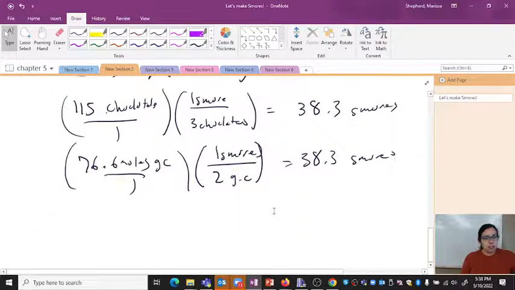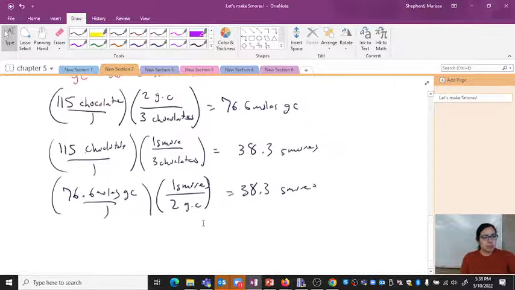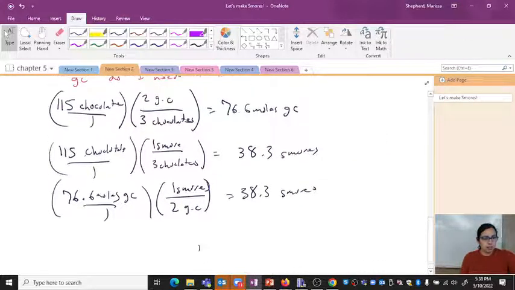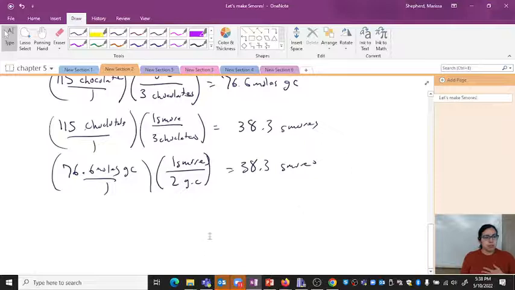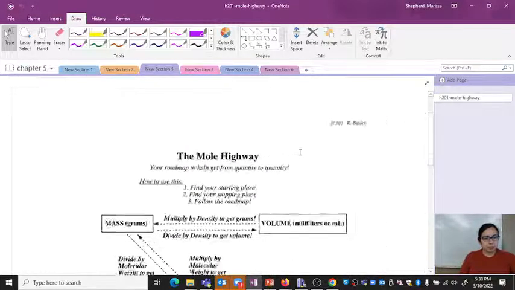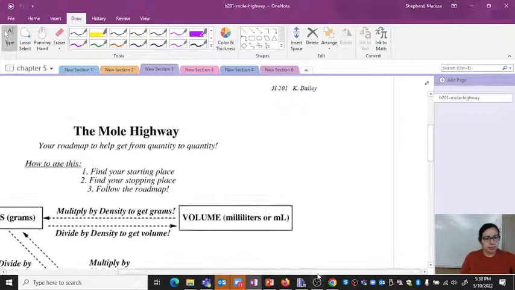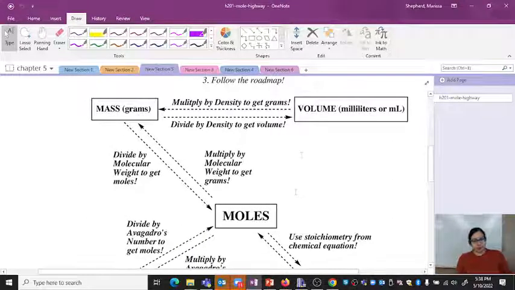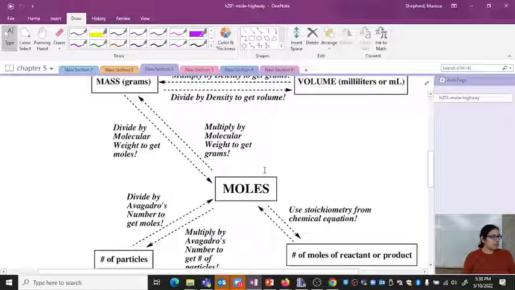So let's start looking at other types of problems. So we're pretty comfortable with this mole stuff. Actually, I want to hand out this handout in a second. This is super useful. It tells you how to get where. Let me hand it out.